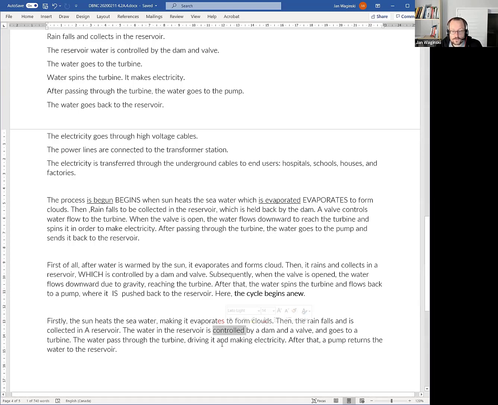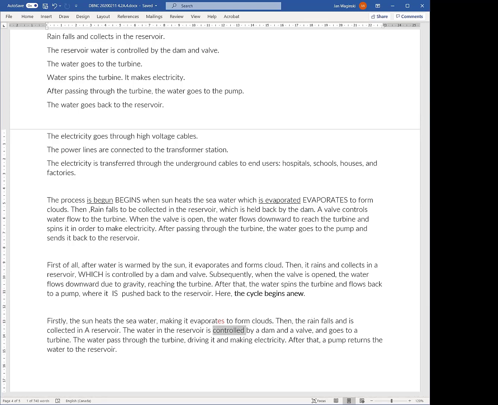Control is okay, but it's kind of general. The water flow, the flow itself, is controlled by a valve. But the reservoir isn't really controlled by a dam and a valve. Sorry, can you check? I wrote it again.